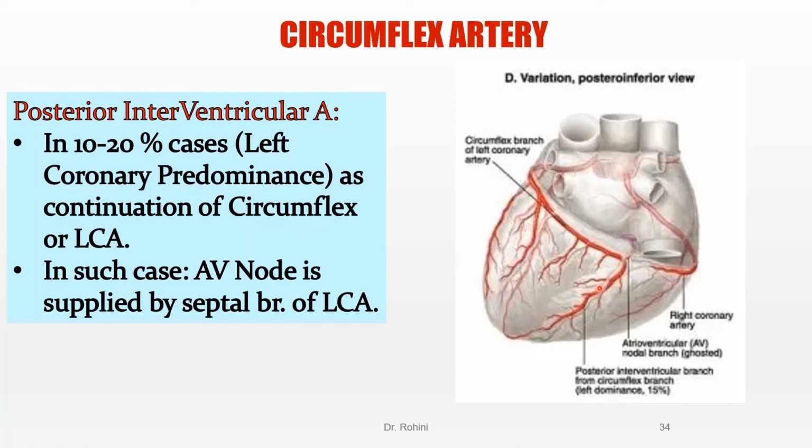That means the whole of the interventricular septum will be supplied by the left coronary artery. The septal rami, which normally come from the right coronary artery and give a branch to the AV node in 80% of cases, in these cases arise from the left coronary artery. So the AV node is usually supplied by the left coronary artery from its septal branch.